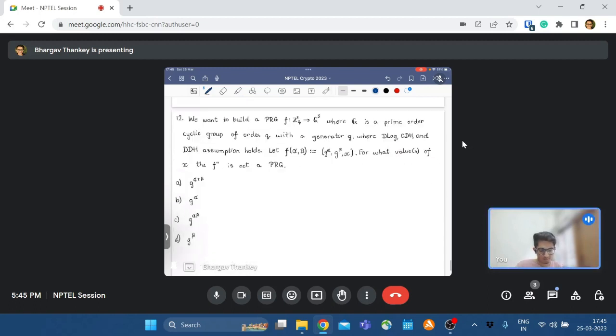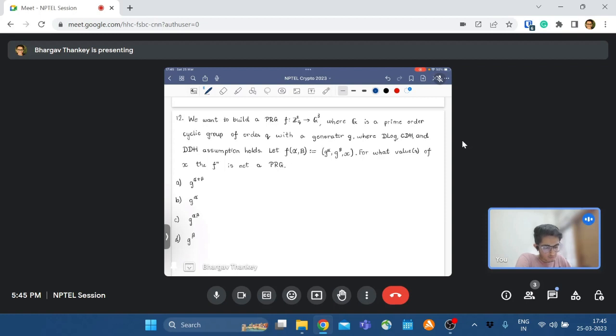The next problem is we want to build a pseudo-random generator or PRG from ZQ square, that is from ZQ cross ZQ to G cube, where G is a prime order cyclic group of order Q with a generator g.